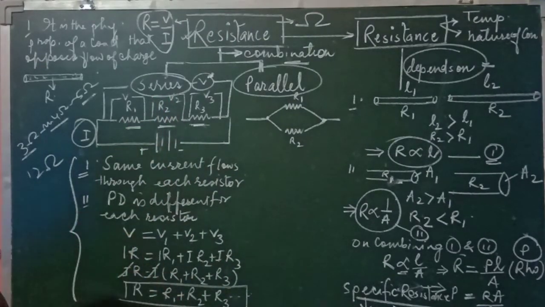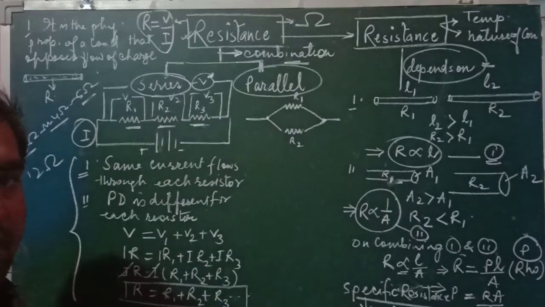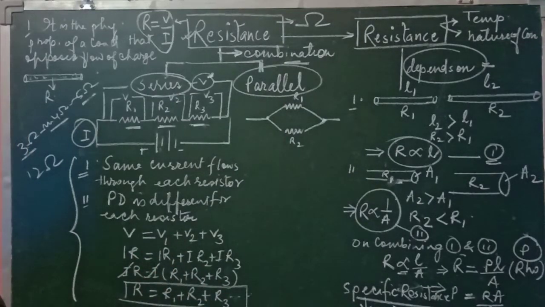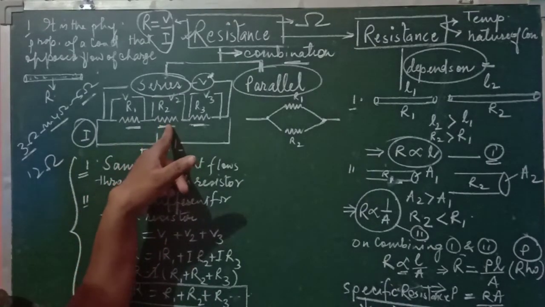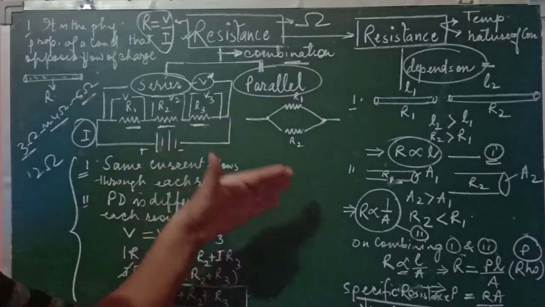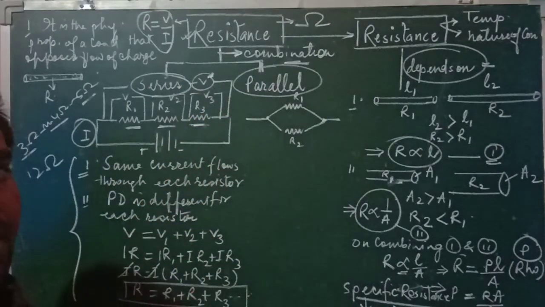Remember, a question always comes related to the disadvantage of series combination. So you should remember the disadvantage of series combination, or why it is not used for household wiring. I have told you that if any one device gets fused, the devices after that will stop working.